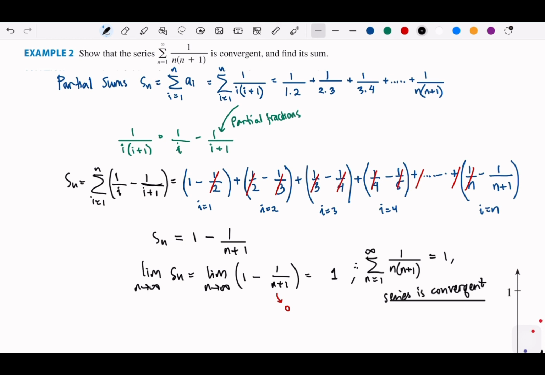The technique for this one, the whole thing here, what we did with the cancelling, we call this the telescoping sum. So why is it called telescoping sum?